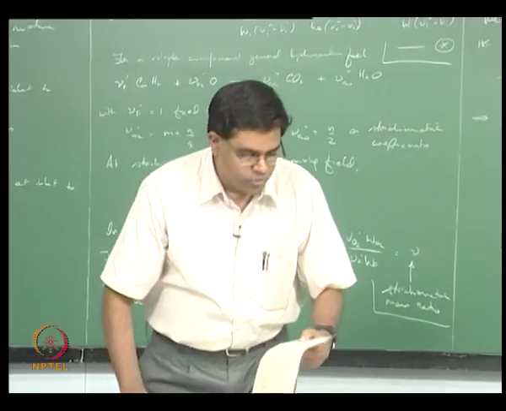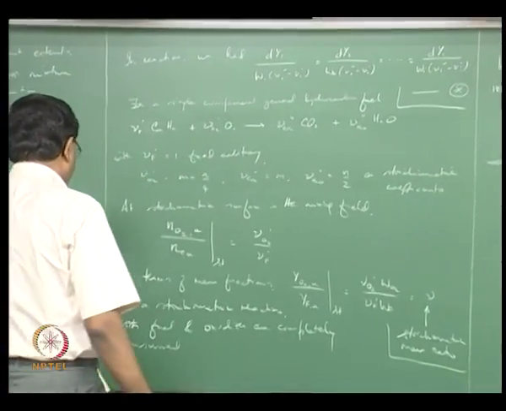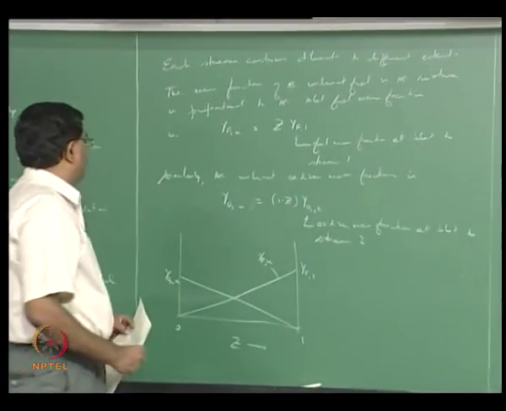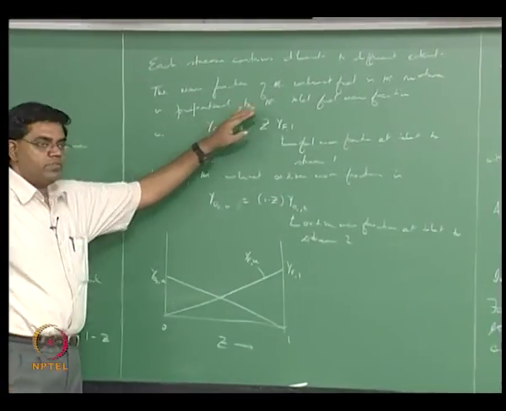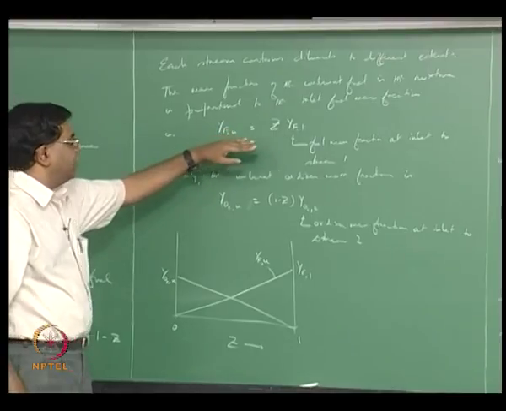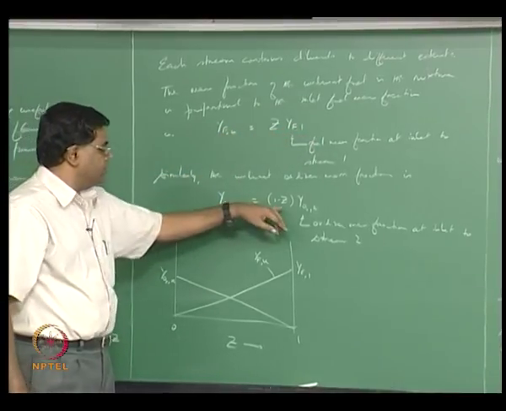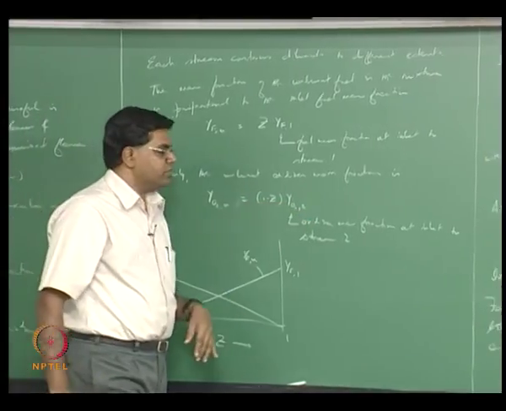So what we can then do is we are interested in writing everything in terms of the mixture fraction. So we had the YFU in terms of mixture fraction and the inlet mass fraction of fuel, and here YO2U in terms of mixture fraction and the inlet mass fraction of the oxidizer.